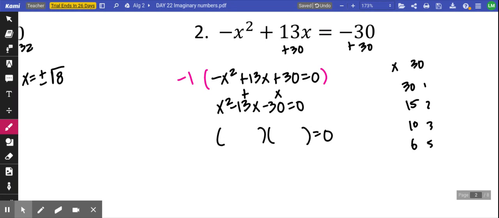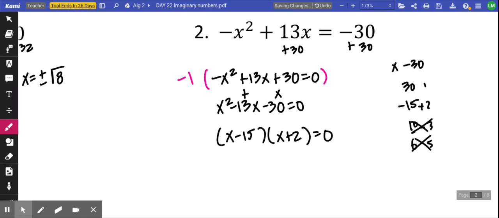Careful here because they have to multiply to -30, so I know one of these numbers is going to be negative and one's going to be positive. So if you see the 10 and 3, again, one of them has to be negative. So if I have 10 and -3, that's not going to get there. So careful with that. But the 15 and 2, with one of them being negative, add to -13, I'm going to have -15 and +2. So I have x minus 15, x plus 2.